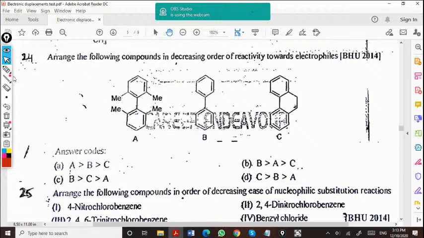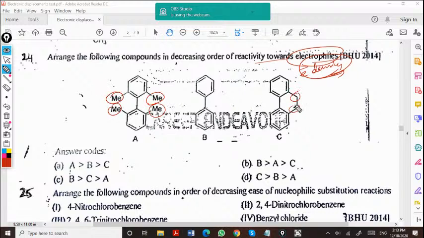Next, arrange the following in decreasing order of reactivity towards electrophiles. To be reactive towards electrophiles, it should have more electron density. Here all have the same two phenyl rings, but this one has ortho di-substitutions, this one has connectivity, and this one has no substitutions.